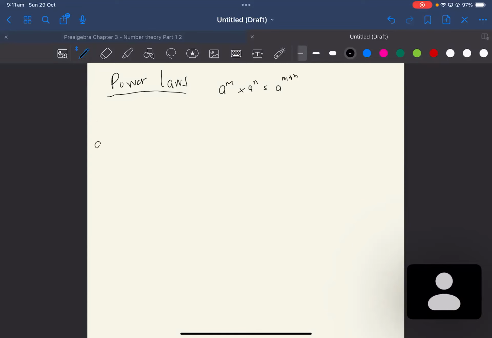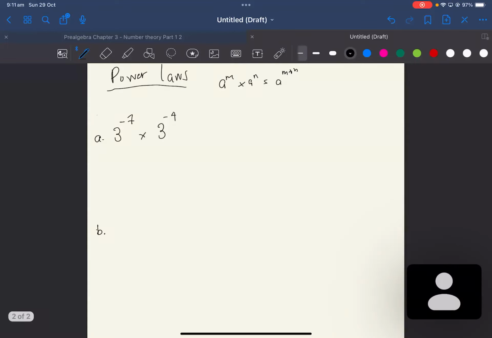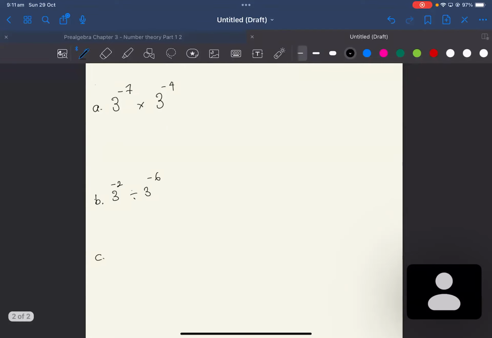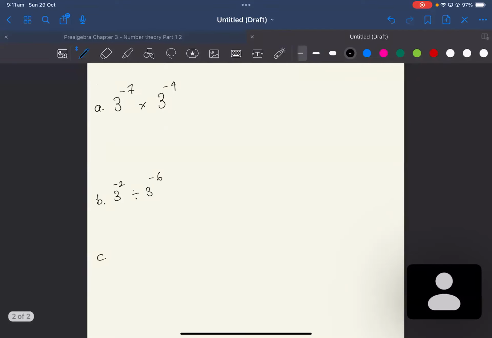So let's just do these 3 examples quickly. Recap: 3 to the power of -7 times 3 to the power of negative 4, then 3 to the power of 2 divided by 3 to the power of -2 divided by 3 to the power of -6. Let's do easy ones, just to warm up and recap the concept.